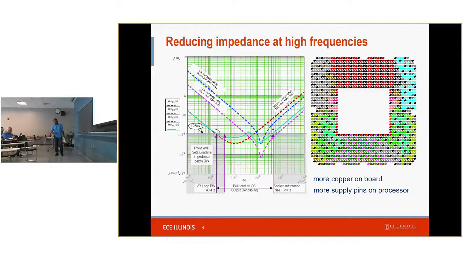So for this, if Intel needs even more power or even more current for future processors, then the pin counts dedicated to power delivery are going to increase drastically.